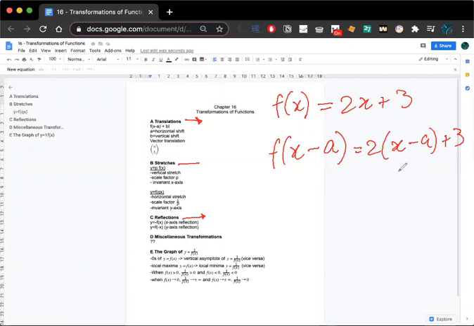Then, let's say we draw it in a graph, the function would originally look like something like this, with the y-intercept at 3. However, with the addition of minus a, it gets shifted horizontally.